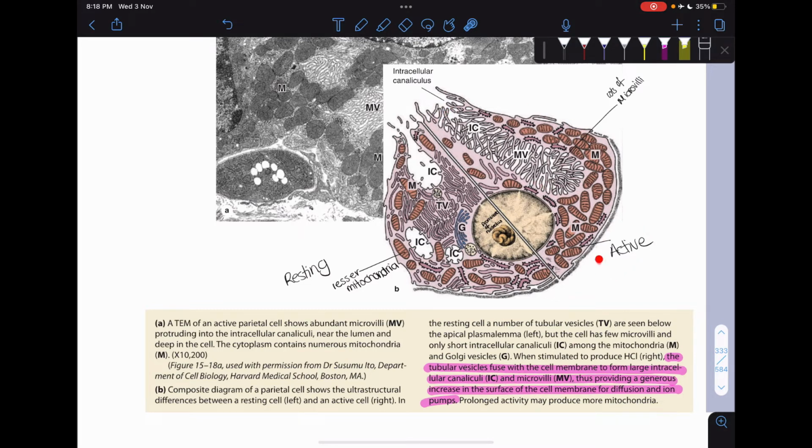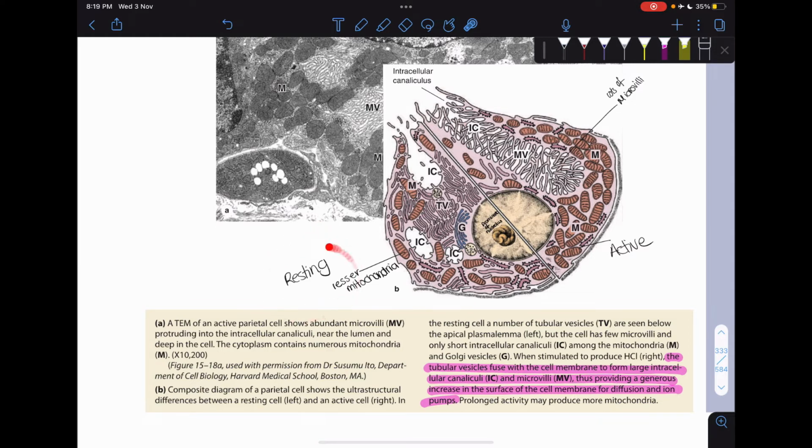The active parietal cell في عندها lots of microvilli, and the resting might look like it doesn't have any microvilli, and this is because the tubular vesicles fuse with the cell membrane to form a large intracellular canaliculi and microvilli. So the tubular vesicles fuse with the cell membrane, forming microvilli, thus providing a generous increase in the surface of the cell membrane for diffusion and ion pumps.